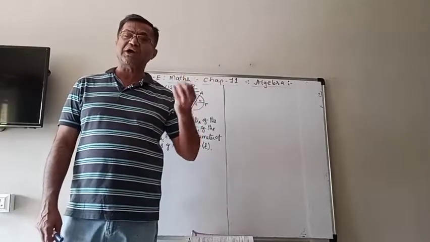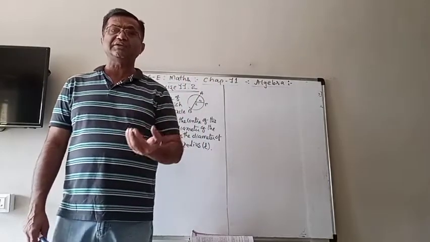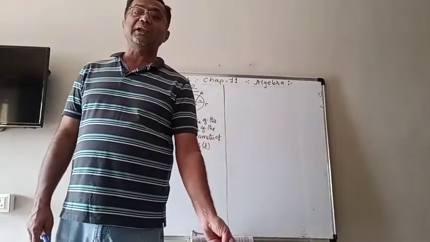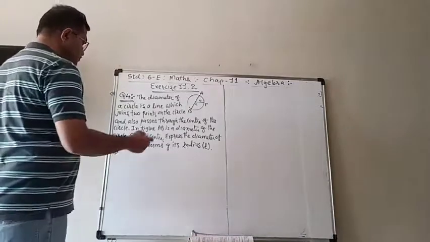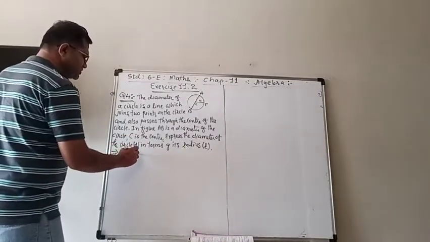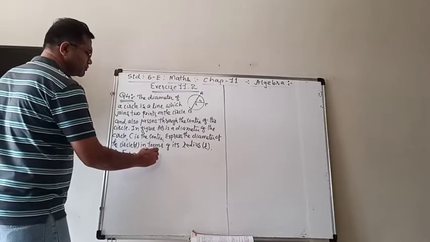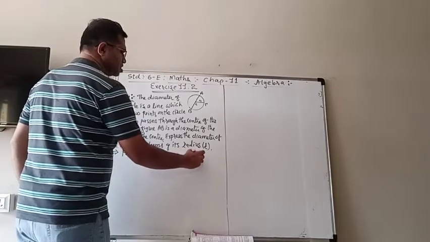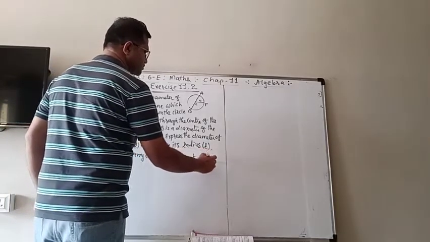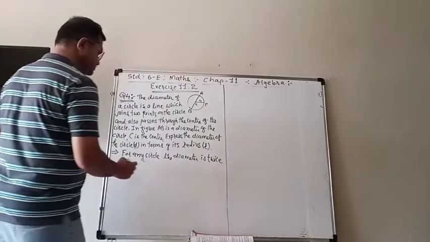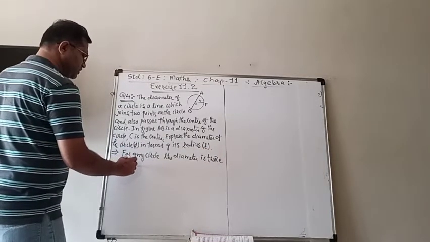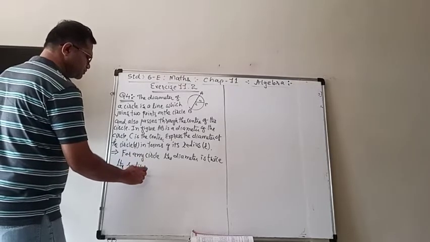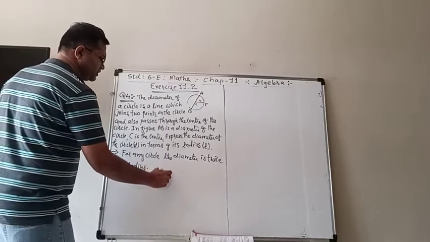Means if the radius is 5 centimeter, the diameter will be 10 centimeter, because the diameter is always double the radius. So for any circle, the diameter is twice the radius. So diameter is equal to 2 times radius.